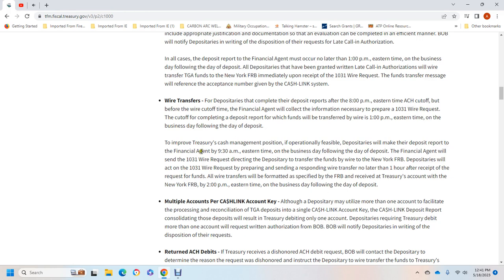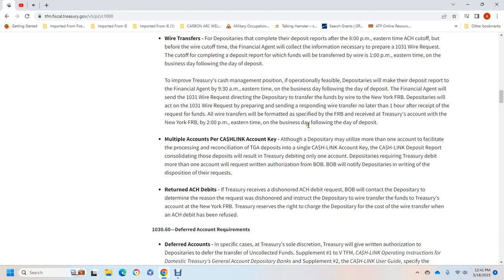The financial agent will send the 1031 wire request for the deposit transfer to the depository, which will respond by preparing and sending the wire transfer no later than 1 hour after receipt. All wire transfers will be formatted as specified by the Federal Reserve Bank and received in the Treasury account at the New York Federal Reserve Bank by 2 p.m. Eastern Time on the business day following the day of the deposit.